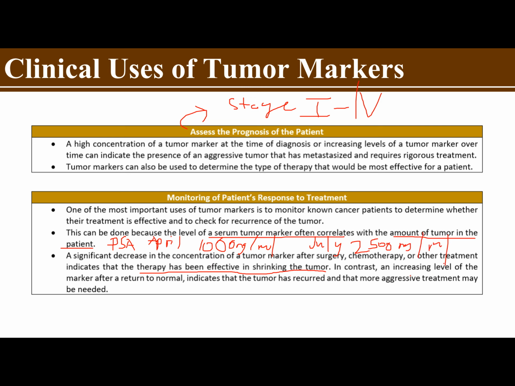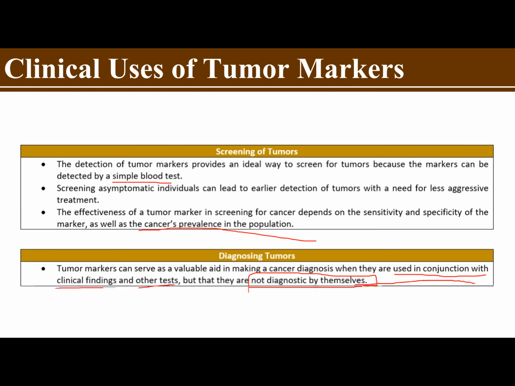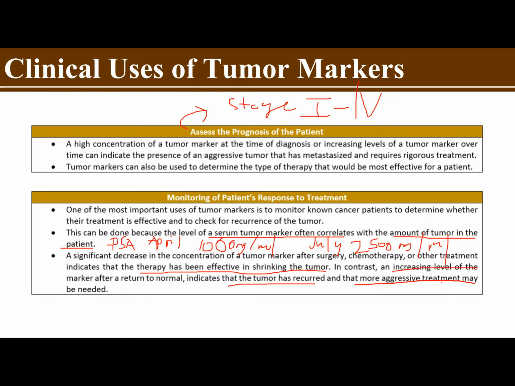If this happens, class, this could indicate that an increasing level of the marker would indicate that the tumor has recurred and would require a more aggressive treatment. So that's one way.